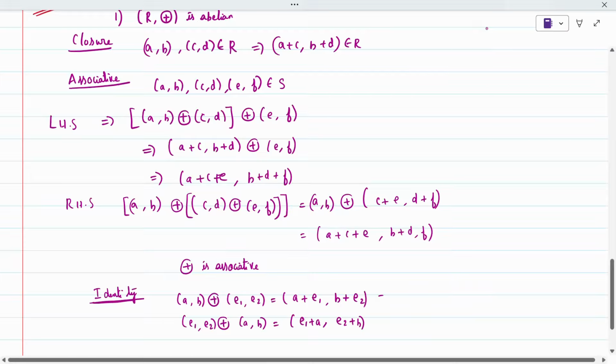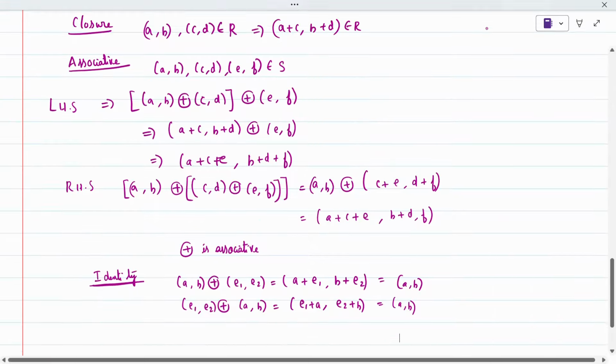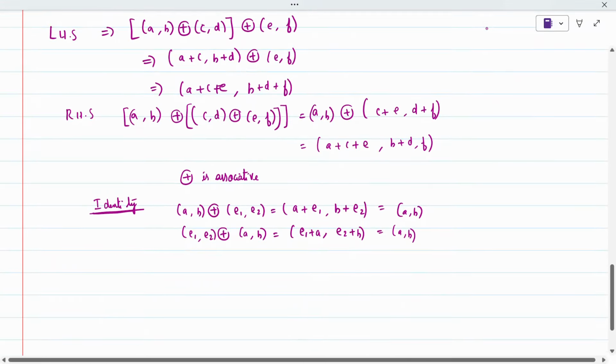Both are equal to (a, b). Comparing with (a, b): a plus e1 equals a, and b plus e2 equals b. So e1 is 0 and e2 is 0. So (0, 0) is the identity element.